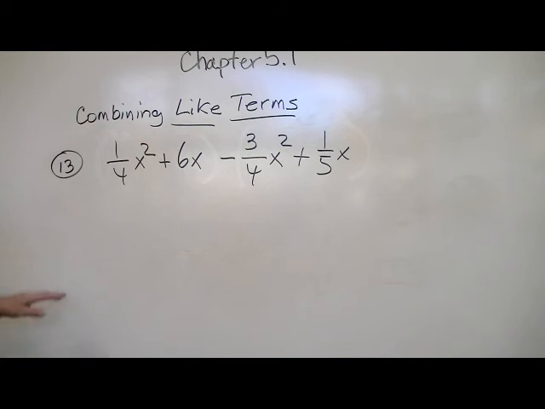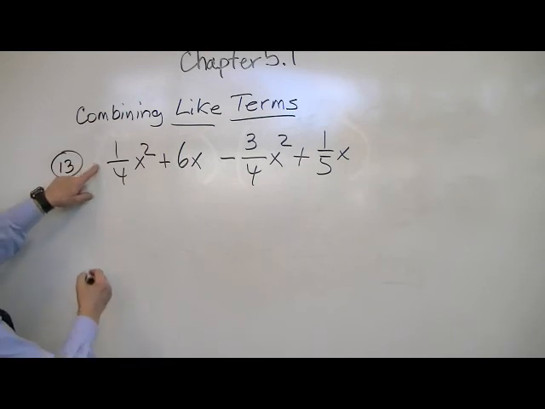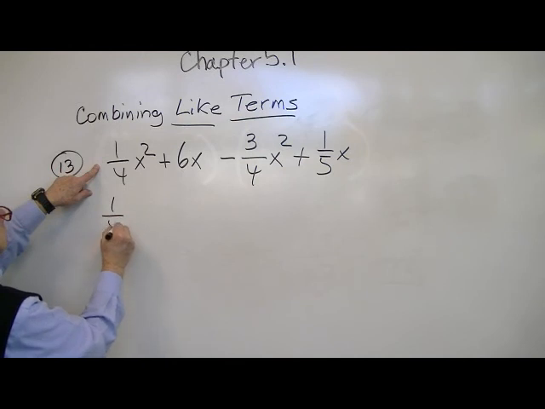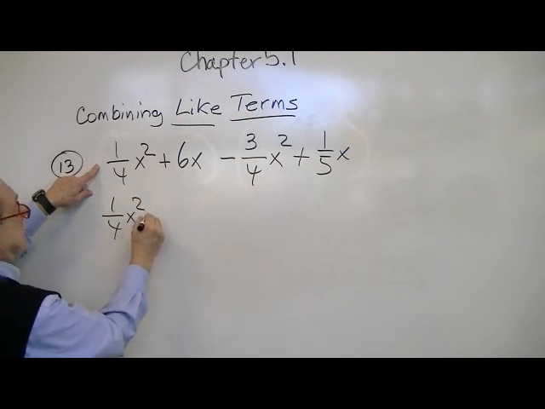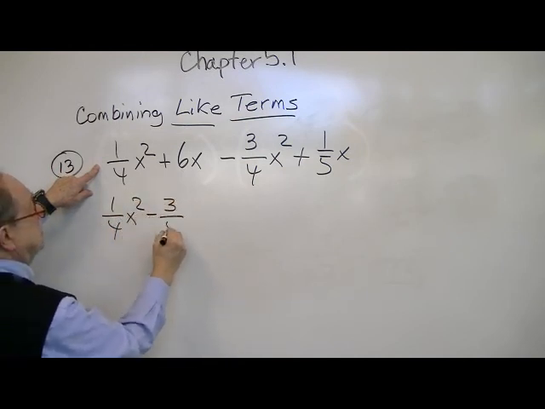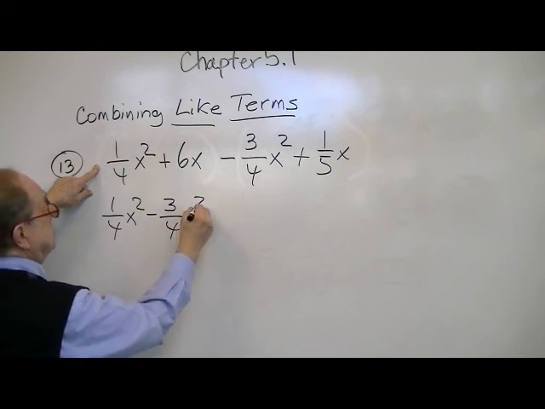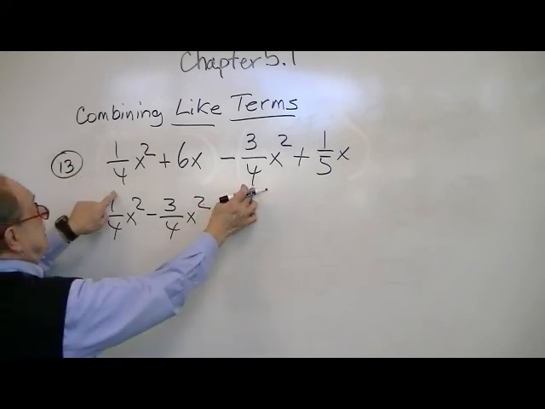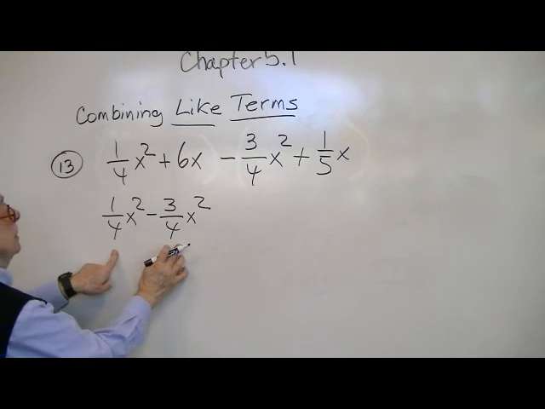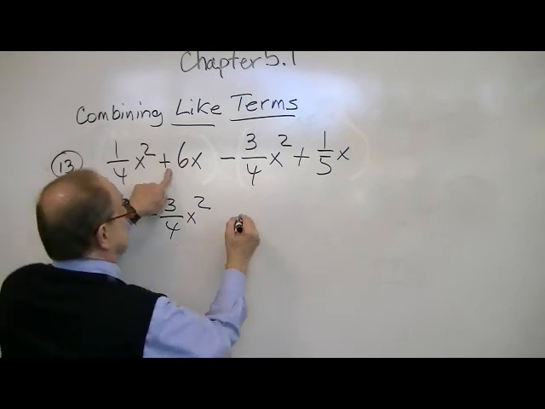Strategy. Well, we could do this one vertically, or we'll do one horizontally, and I'll rewrite it. So now I've put these two like terms together, and then this one.